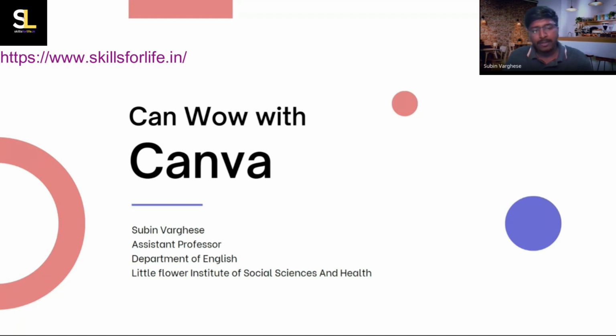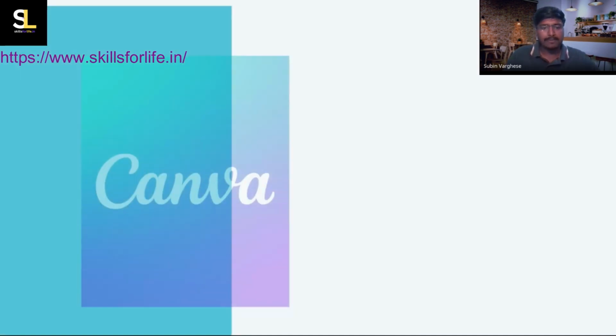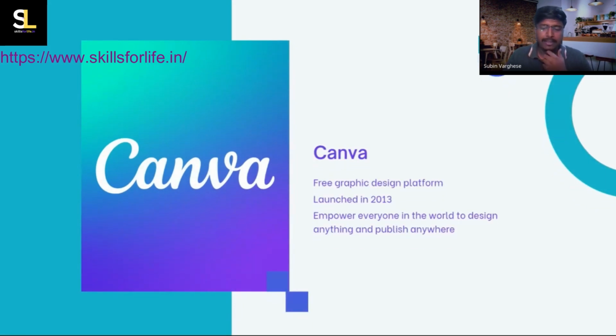All right, moving on to the second slide in my presentation. It's about Canva. Canva is actually a free graphic designing platform which is available online, and it was launched in 2013. And its motto is to empower everyone in the world to design anything and publish anywhere.